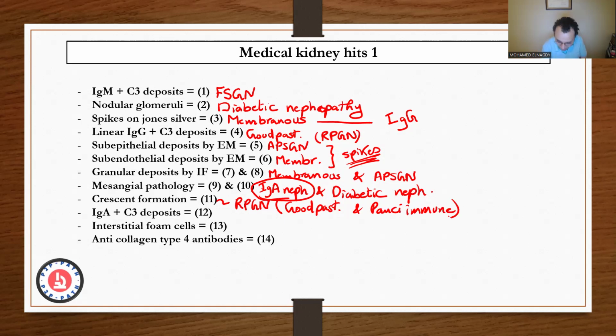Pauci-immune, yeah, which has the P-ANCA and C-ANCA. P-ANCA is for the Churg-Strauss, and the C-ANCA is for Wegener granulomatosis, right? Wegener, you have P-ANCA, C-ANCA. It's a lot of memorization, I know, but this is what we need to do.